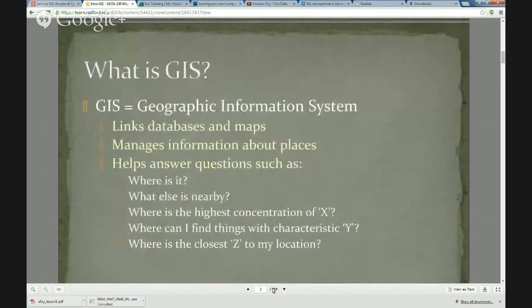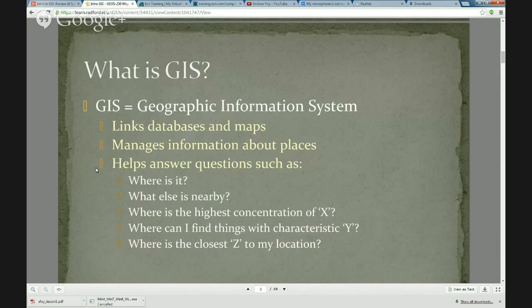As I mentioned before, GIS stands for Geographic Information Systems. And what makes a GIS really unique is that it links databases to maps. So we are able to take information that is commonly stored in a database or a table, and we're able to display that spatially. And that's where the real power lies. It helps us manage information about places, and it helps us answer questions.